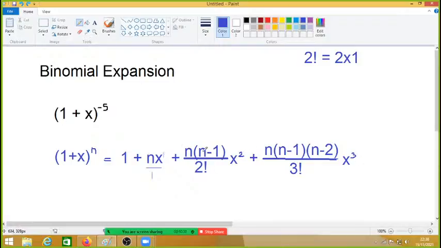And then how do we develop the fraction? The first one is just n. Then the next one is n bracket n minus 1. The next one is n bracket n minus 1, n minus 2. So if there was an x to the power 4 term, which I'm not going to write, just think, what would it have at the top?